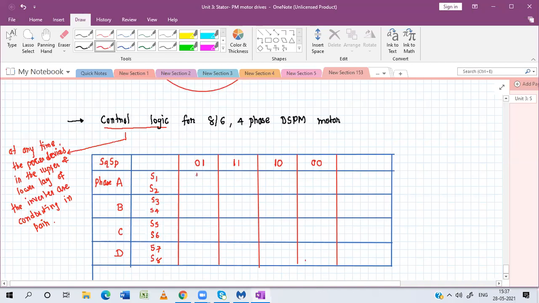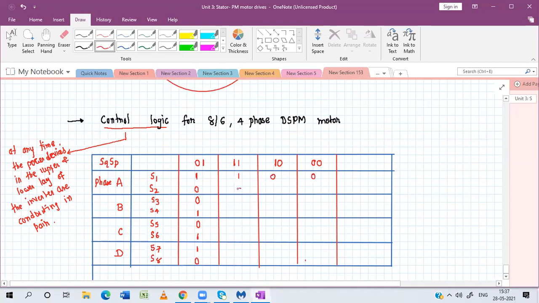S1 is on, S2 is off. Same way, S3 is off, S4 is on, S5 is off, S6 is on, S7 is on, S8 is off. So I will keep 1 1 0 0.